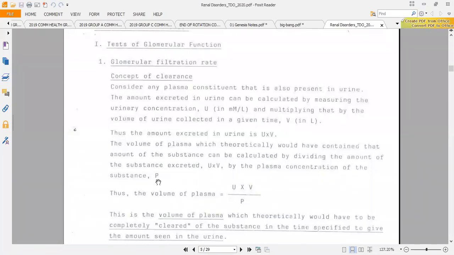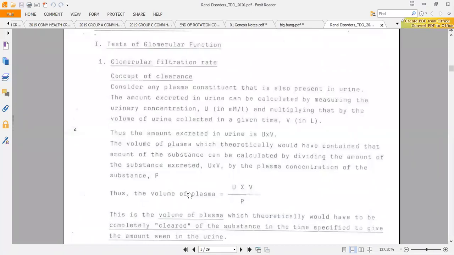The P over here is the plasma concentration. So the volume of plasma times plasma concentration should give us this amount, which is U, the concentration of the drug in the urine, times the volume. If I want to get the volume, I'm just going to divide by this P, the plasma concentration. That's going to give me this volume of plasma.